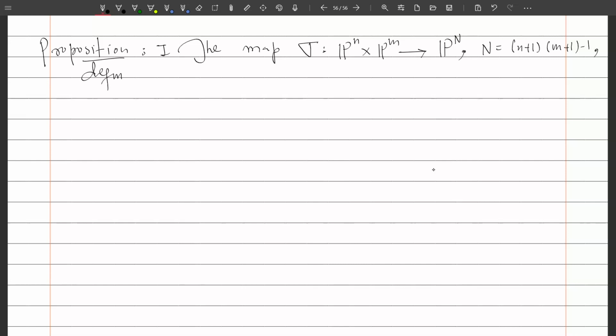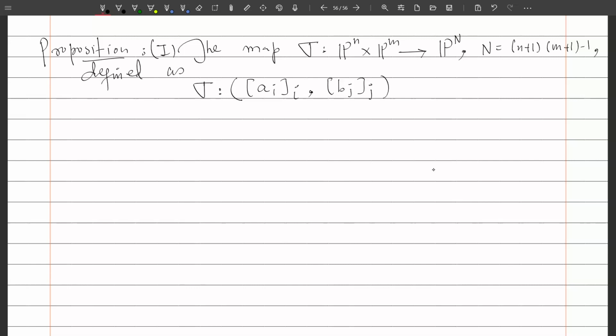So this is the first item of the proposition. This map is defined as follows: sigma takes the point inside Pn cross Pm, which we denote by this vector a_i, where i goes from 0 to n, and b_j, j goes from 0 to m.